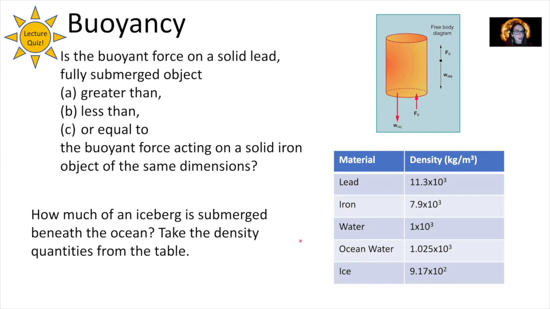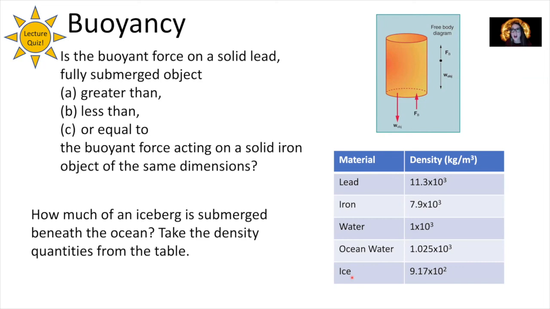And then for your other question, how much of an iceberg is submerged beneath the ocean? Take the density quantities from the table over here for the density of ocean water and the density of ice. So I'd like for you to apply that relationship that we talked about between the volume of the fluid displaced and the volume of the object, and how that's related to the density of the fluid that's being displaced and the density of the object.